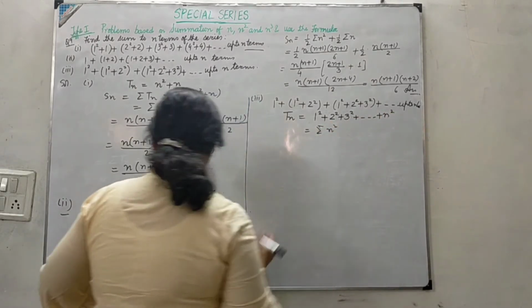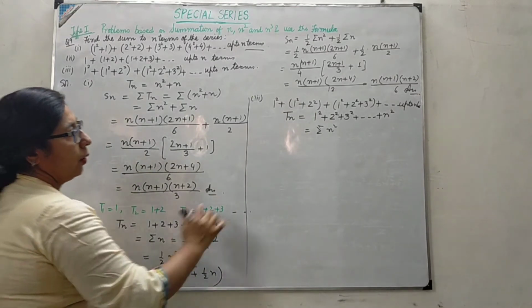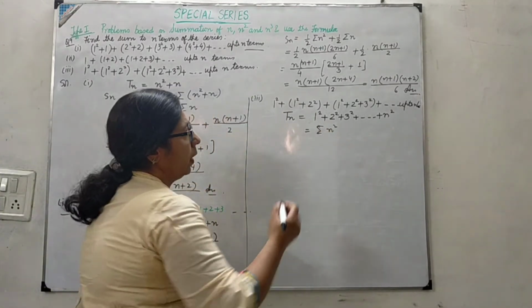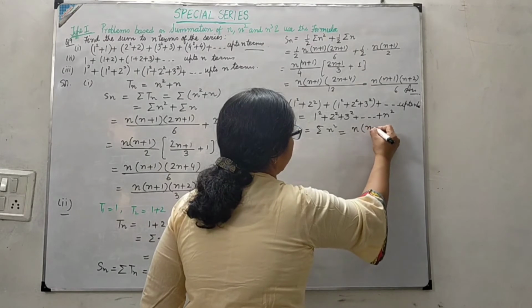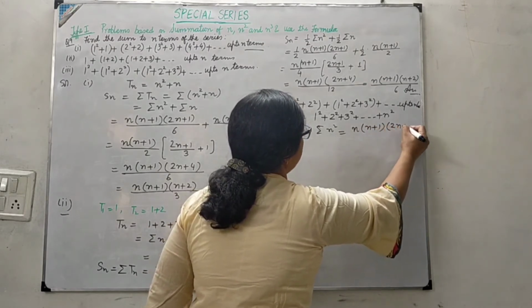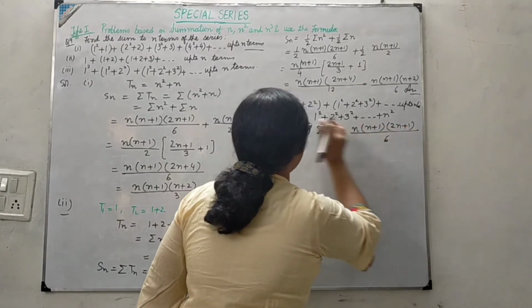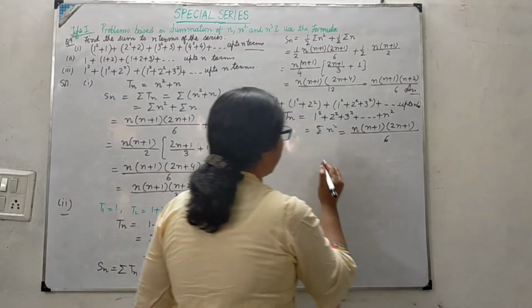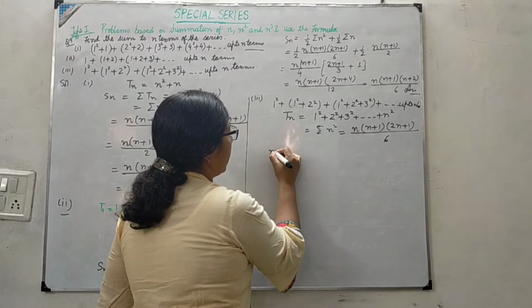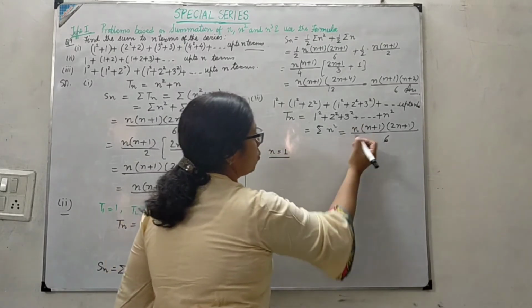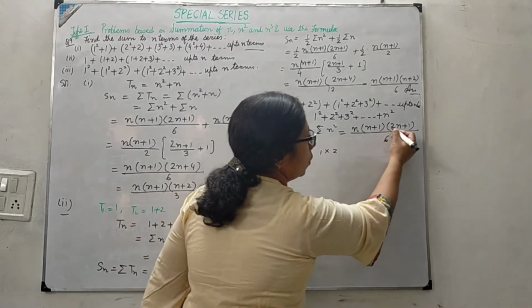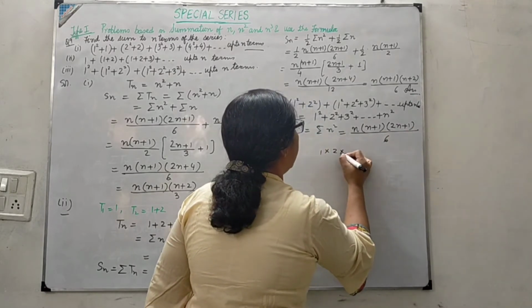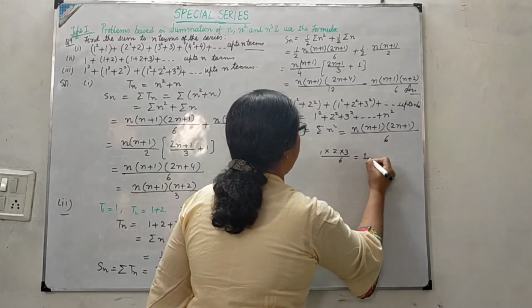This is actually here sigma n. Now it is sigma n square. Now this is your n into n plus 1 into 2n plus 1 by 6. This is your Tn. You can also check your Tn by substituting some of the values. If I take n as 1, say, this is your 1 into 2 into 3 by 6, that comes out to be 1.